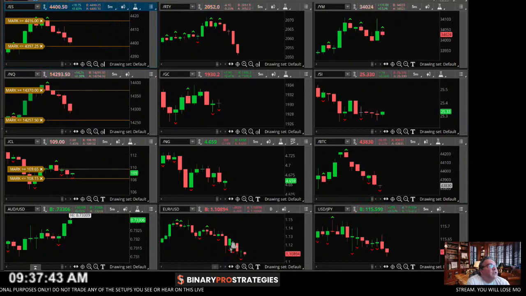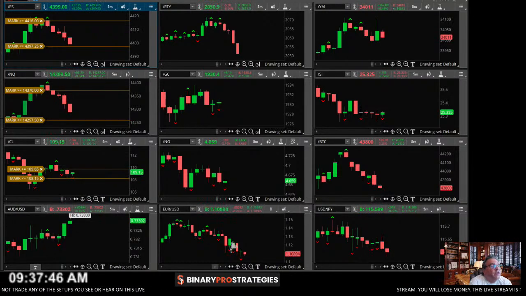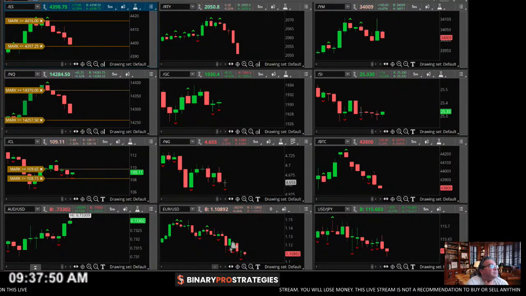Still short ES, getting closer to target. Short now US Tech, on its way to target.